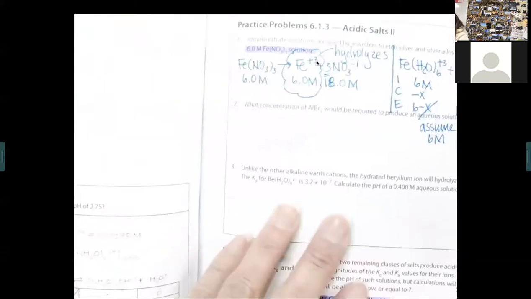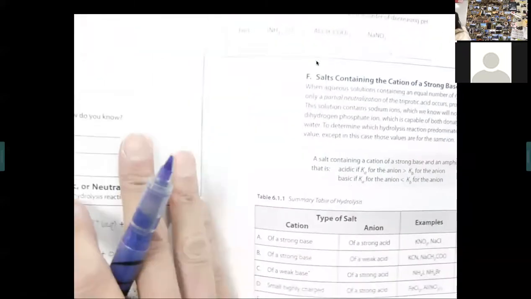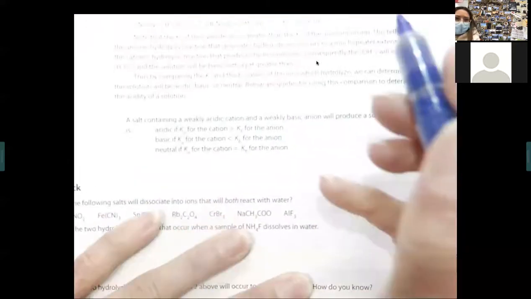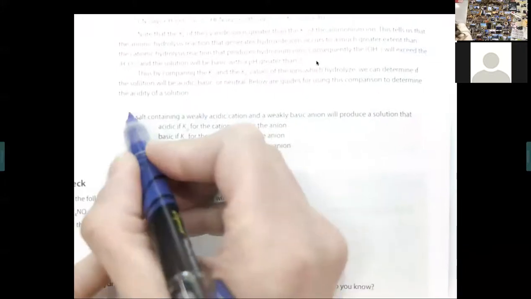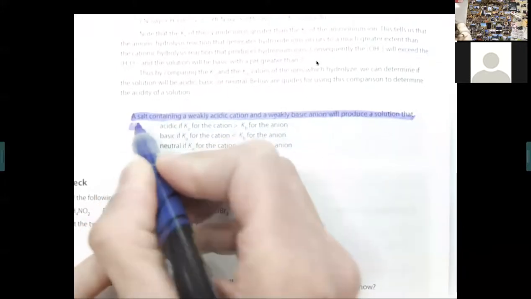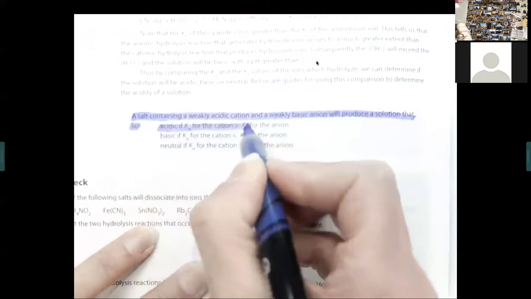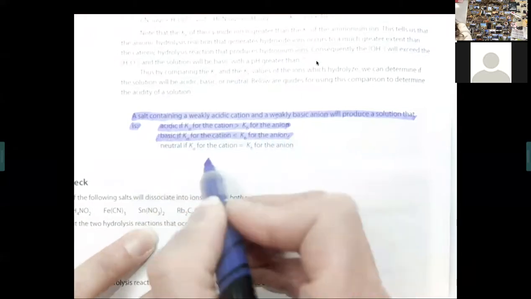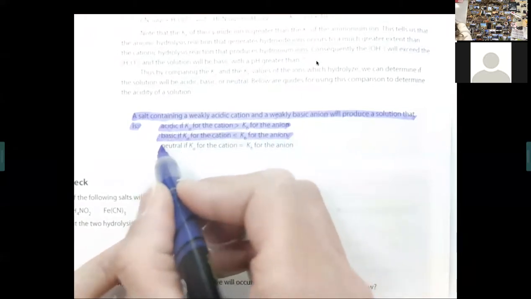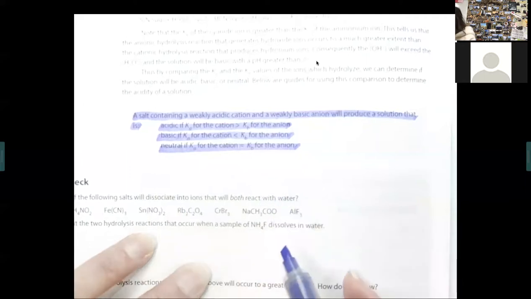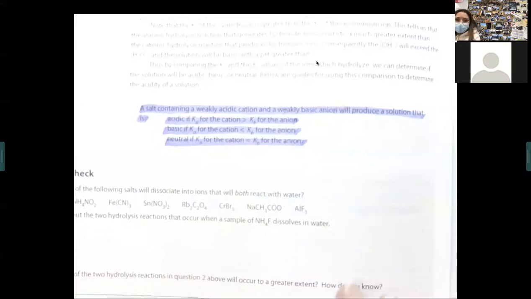So if you go to the next page here, a salt containing a weakly acidic cation and weakly basic anion will produce a solution that is acidic if the Ka for the cation is greater than Kb for the anion, basic if the Ka for the cation is less than the Kb for the anion, or neutral if the Ka for the cation equals the Kb for the anion.